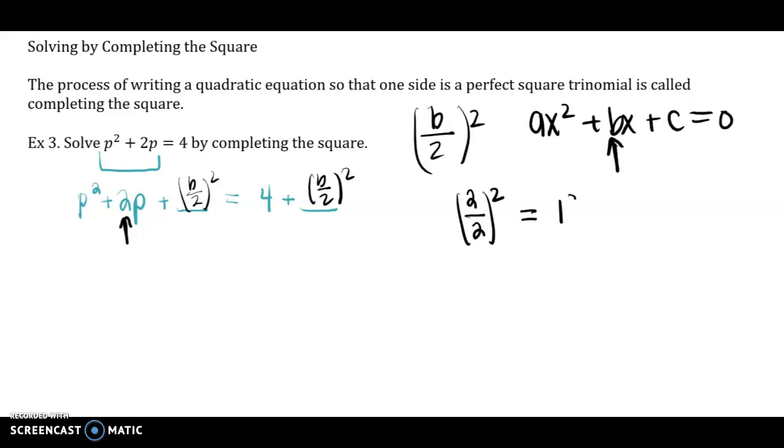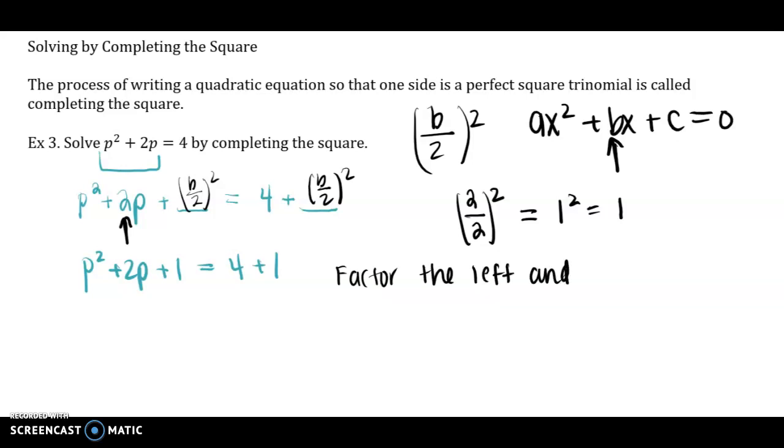This is going to give you 1 squared, which would be 1. So in that blank, you would be adding 1. So this gives you p squared plus 2p plus 1 equals 4 plus 1. Then you're going to factor the left and simplify the right.